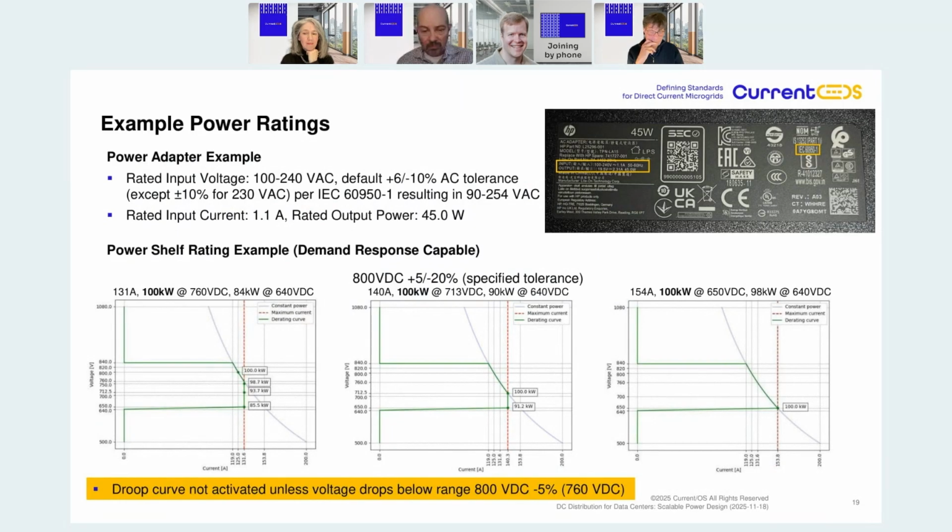In a similar way, we look at the topic of, as you see on the far left picture, taking, say, the plus minus 5%, applying it to a 100 kilowatt power shelf, and considering that this can go between 760 and 840 there.